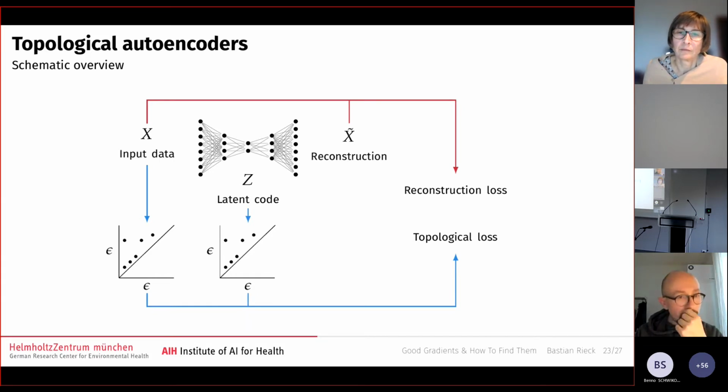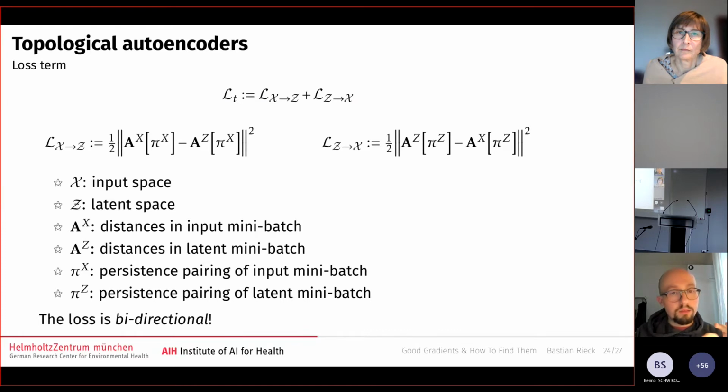And now, in the interest of time, I'm probably not going to talk too long about the actual loss term implementation, because that requires some additional technical details. But suffice it to say that the loss term that we developed in this paper is actually bidirectional.